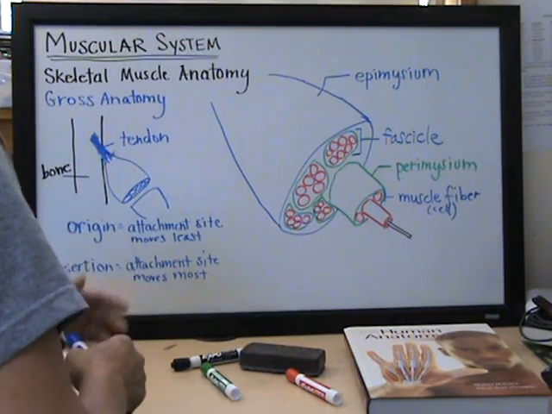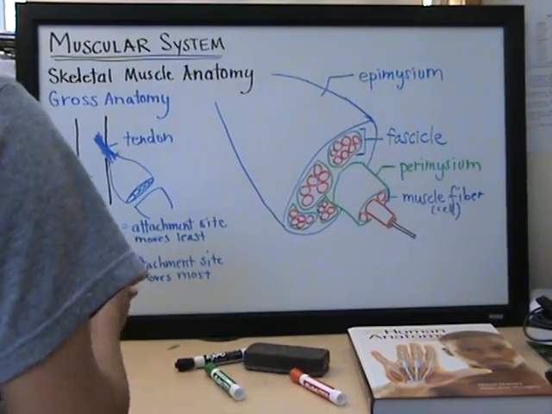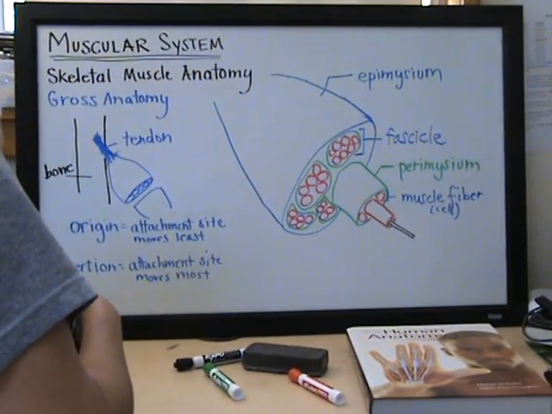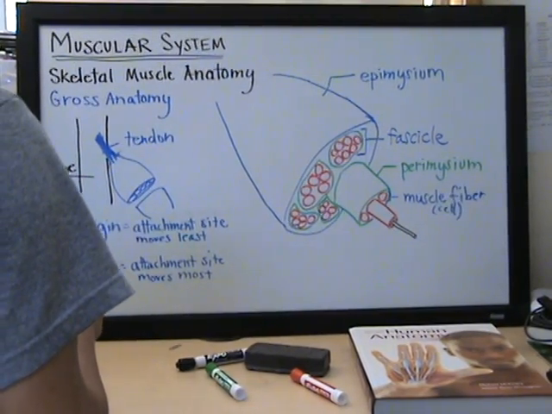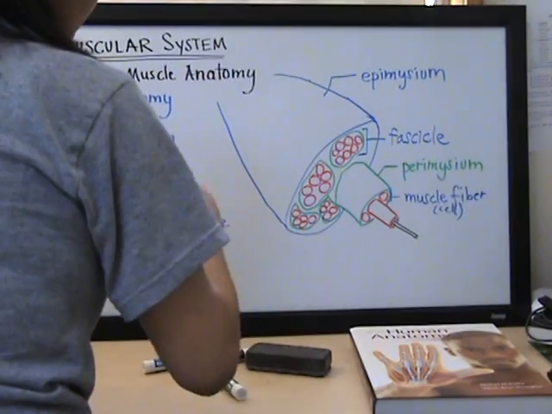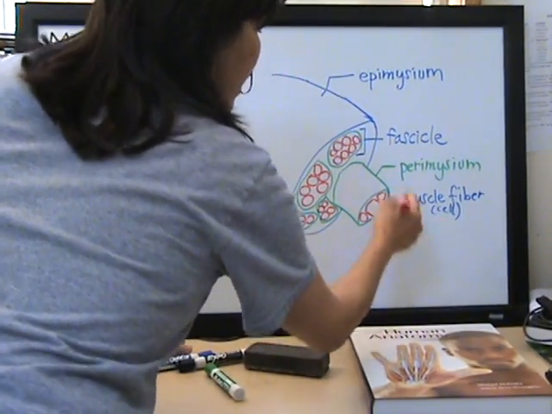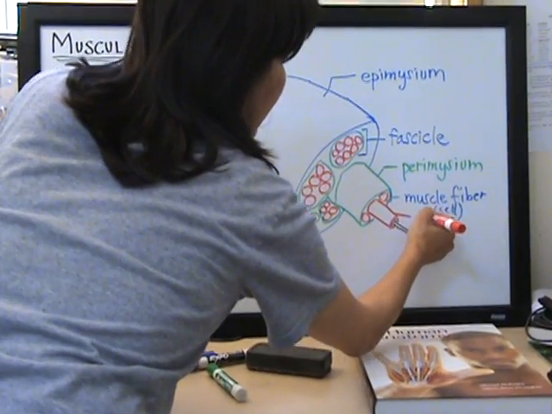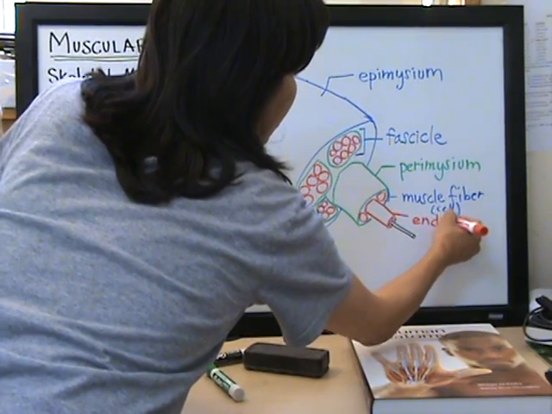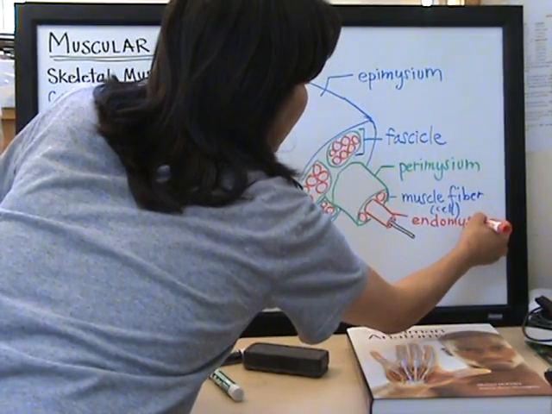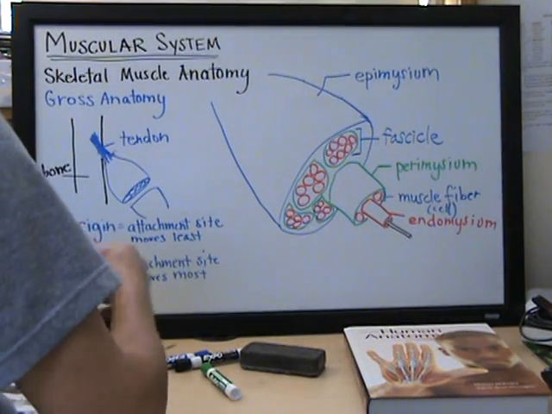And remember that skeletal muscle cells are multinucleate. Okay, many nuclei, due to the fact of many cells coming together to form these fibers or these cells. And each one of these muscle fibers or muscle cells is further surrounded by another connective tissue layer called the endomysium. This endomysium is a thin layer of areolar connective tissue.